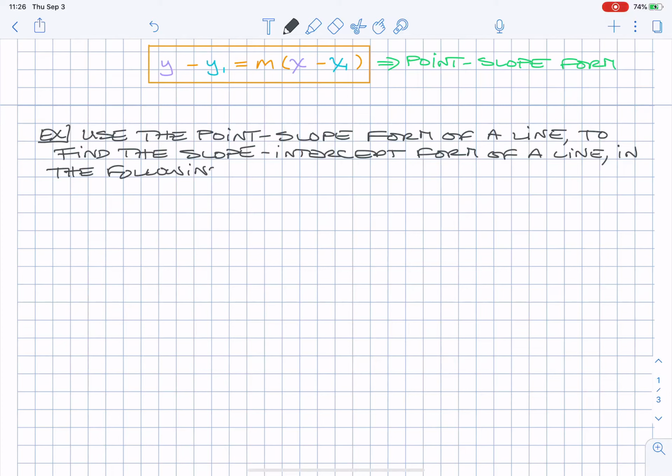So number one, what do we have? Points P at 1, 3 and Q at 4, -3 lie on the line.